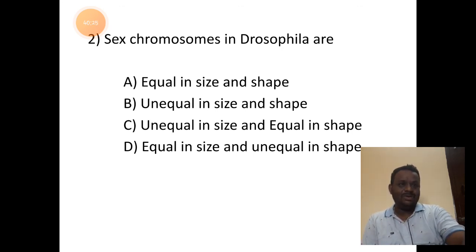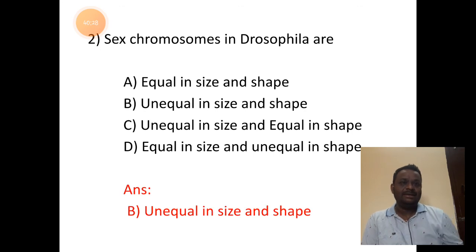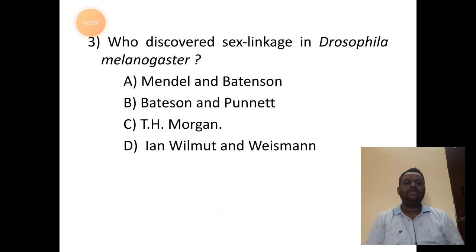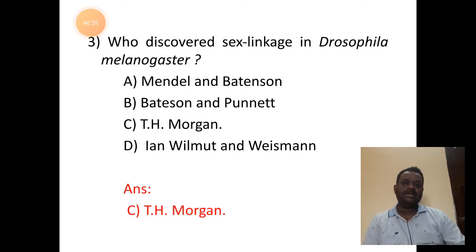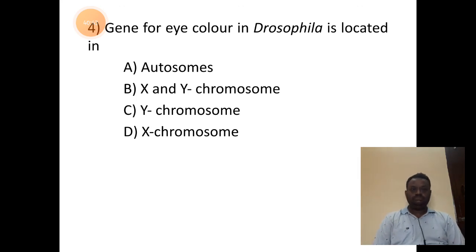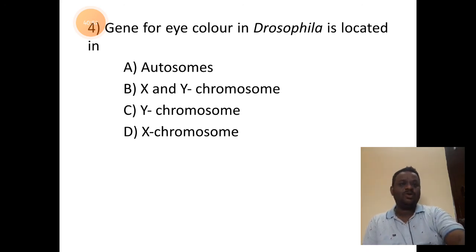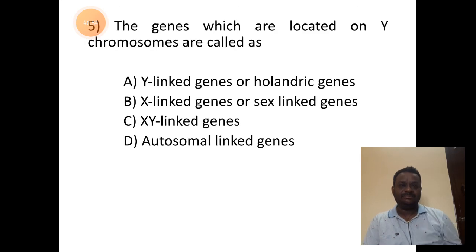So the answer is B, unequal in size and shape. The third question. Who discovered sex linkage in Drosophila melanogaster? It is T.H. Morgan. Answer is C. The gene for eye color in Drosophila is located on which chromosome? Since it's X-linked, it should be the X chromosome. D is the answer.